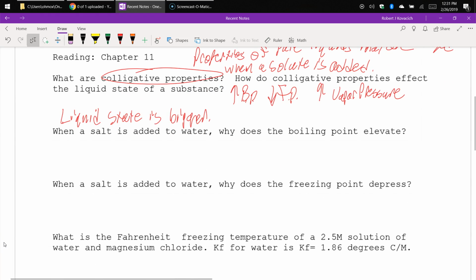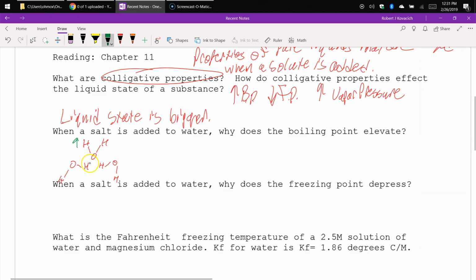Why does adding salt to water elevate the boiling point? So a water molecule that wants to turn into a gas needs to be moving up when it's trying to leave the liquid. When it does that, there are other water molecules around, and those other water molecules are going to be attracted to that water molecule.